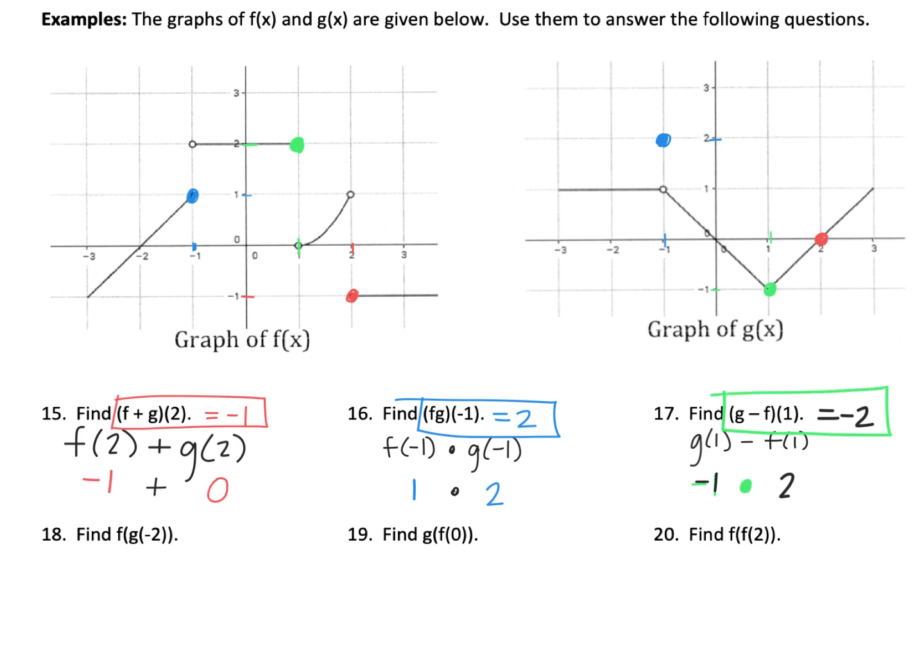Okay, those ones I did in green. That is actually something we did last semester, but I know it's been a long time. Do we agree with my answer on number 17? Okay, I'm just making sure I did it right. Oh, guys, why did I do multiply? I knew something seemed wrong. It's subtraction.